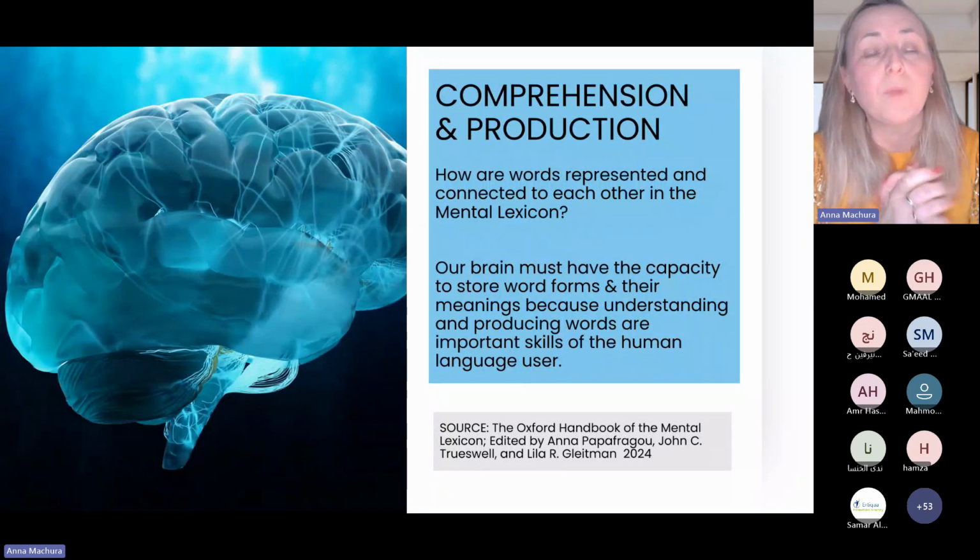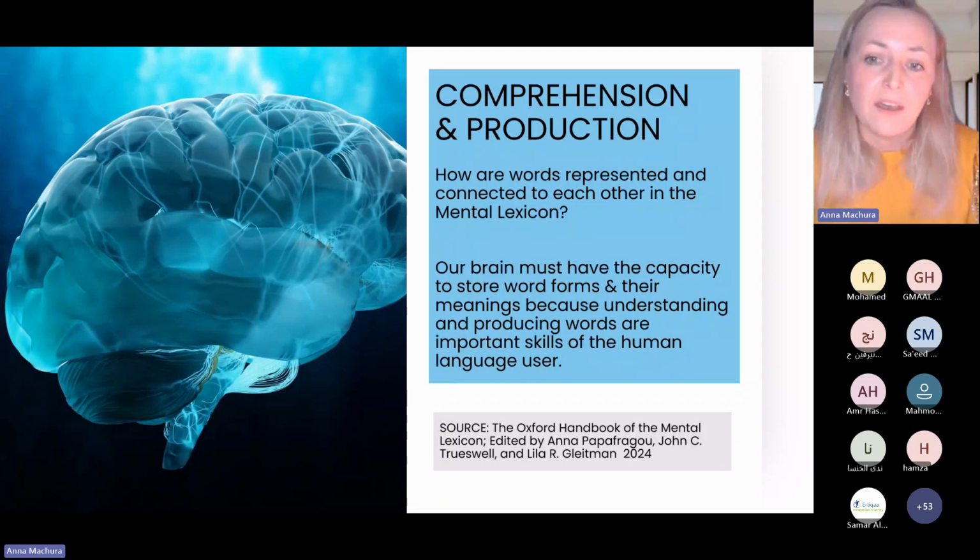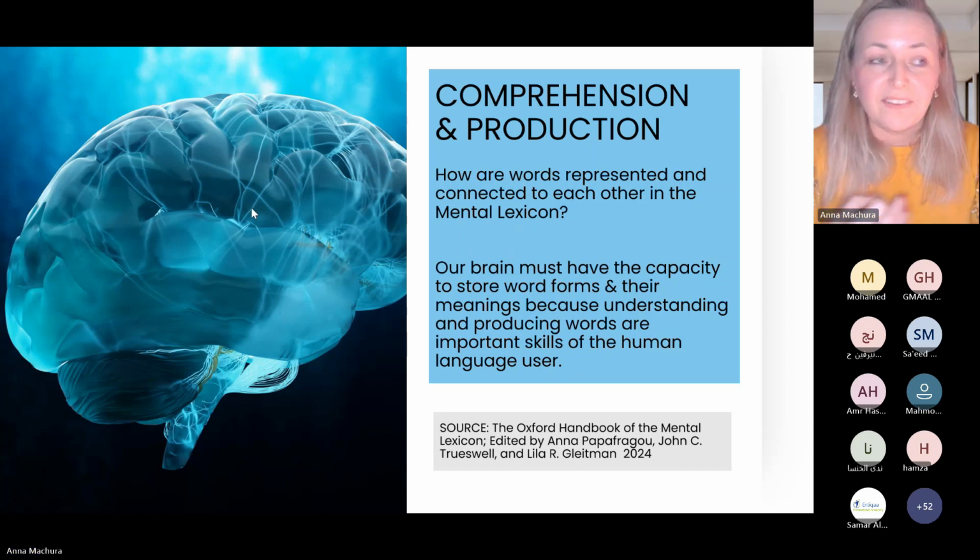How do they, I mean students, and how do we people do that? Well, we need to have the mental capacity first. We need to be able to store word forms and attach meaning to that form. So this is the important skill for you as a user, and we're communicating.